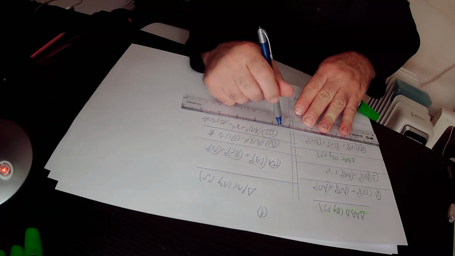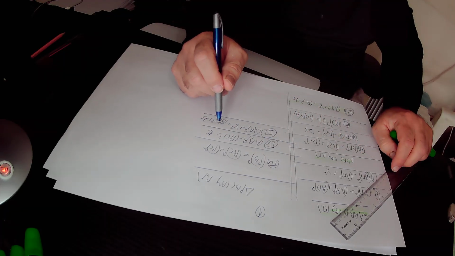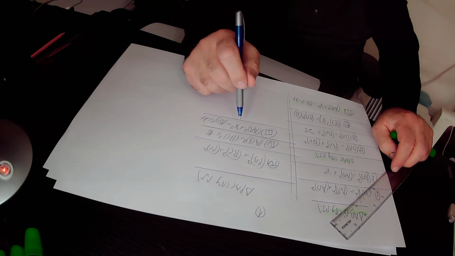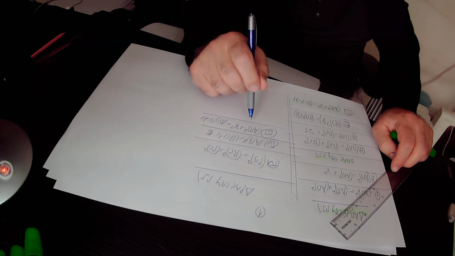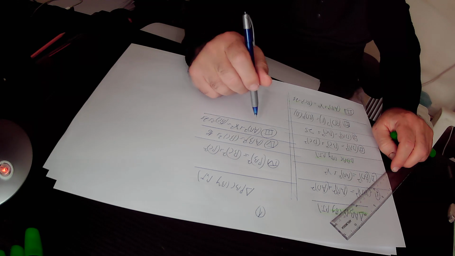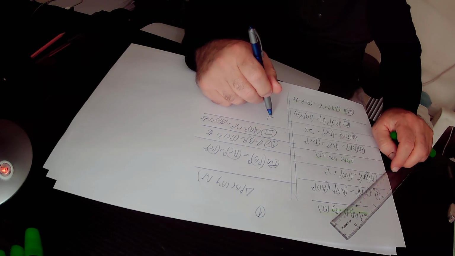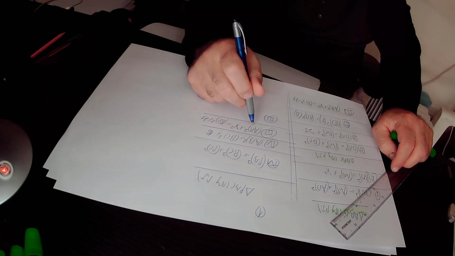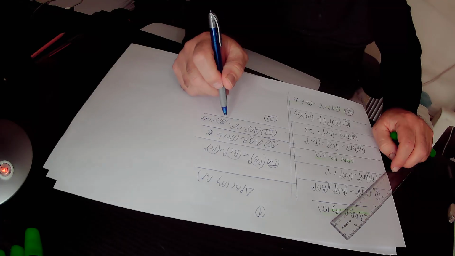But according to equation 4, AB squared equals BC squared plus 16. Therefore, we substitute AB squared in equation 3 by BC squared plus 16 from equation 4.